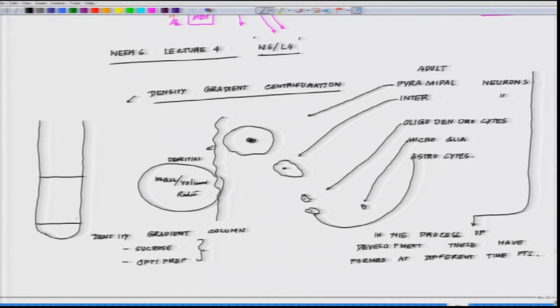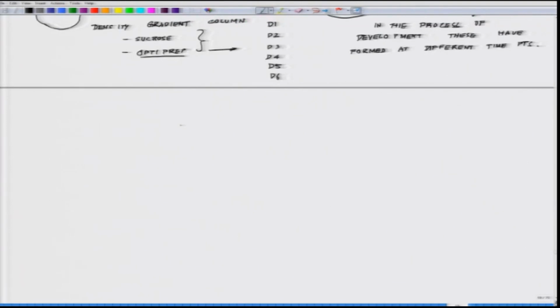Density gradient means you can make solutions of different densities. Say, for example, you take OptiPrep and make density 1, density 2, density 3, by mixing it with a suitable buffer, up to D5, D6. Let us take a simple example. I take OptiPrep; I am not taking sucrose for a reason. There are issues and I do not want to get into that.